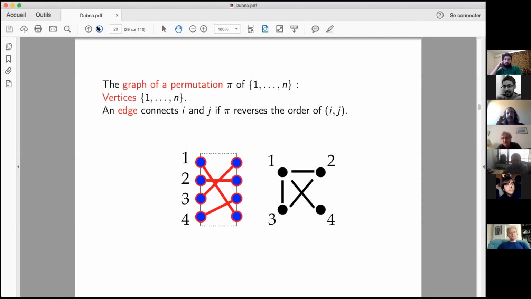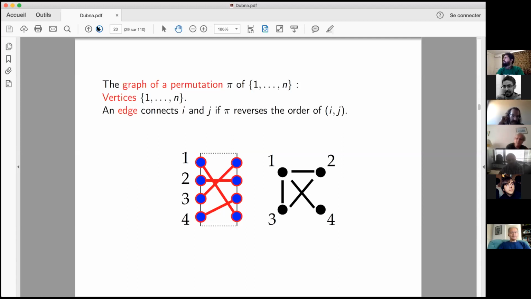So on the left of my slide, you see 1, 2, 3, 4, and you see the permutation. 1 goes to 4, 2 goes to 2, 3 goes to 1, and 4 goes to 2. And on the right, I drew the associated graph with 4 vertices, 1, 2, 3, 4, and I connect, for example, 1 and 2, because in this permutation, 1 and 2 are switched.